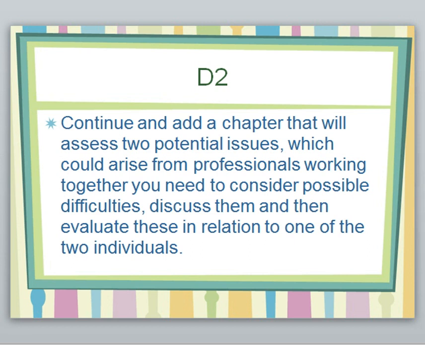Once you've discussed these potential difficulties, they only need to be in relation to one of your case studies, not both. So it's two potential issues in terms of problems for professionals working together in relation to one of your case studies.